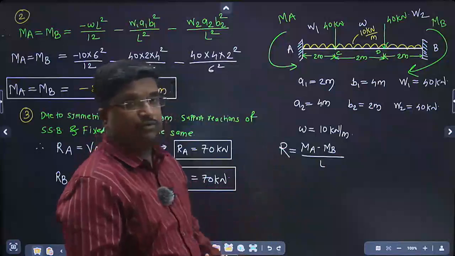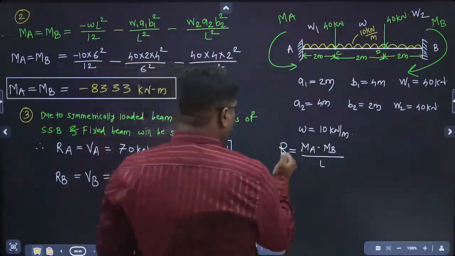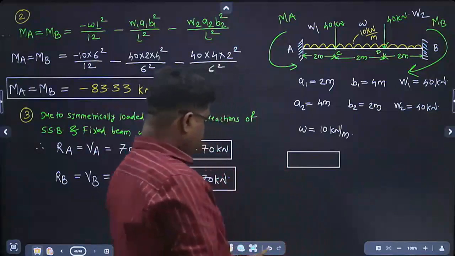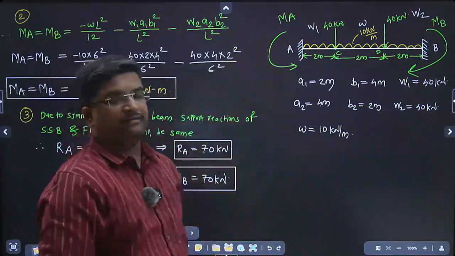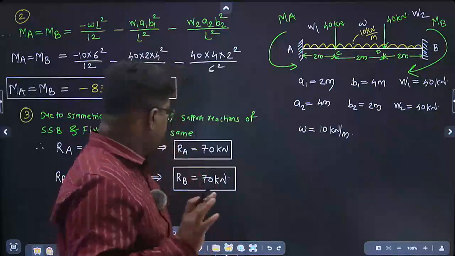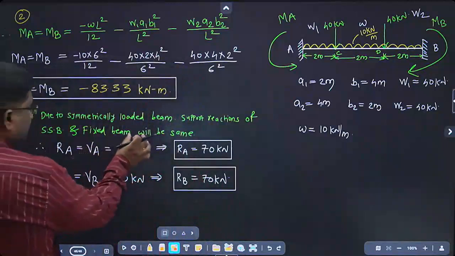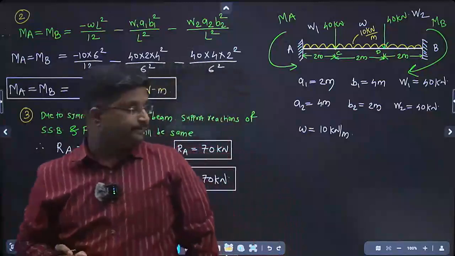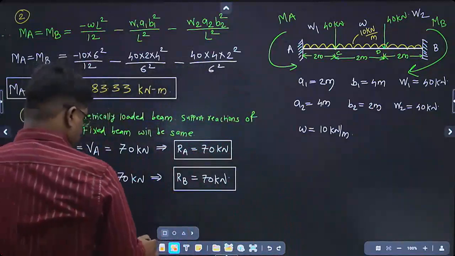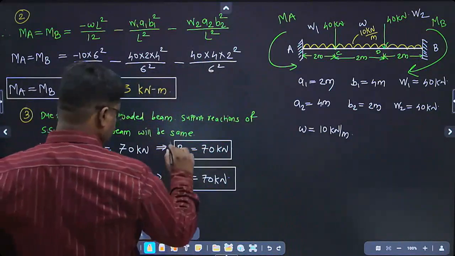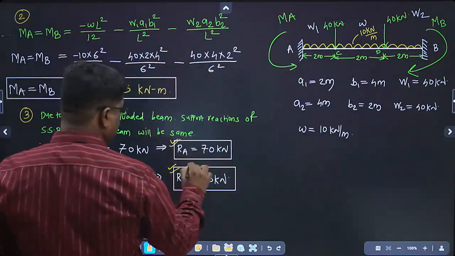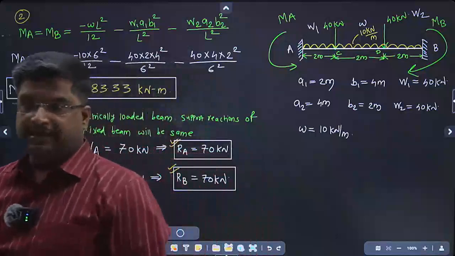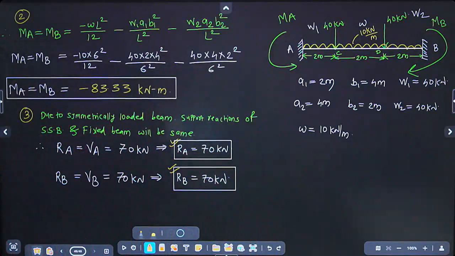So there is no effect of moments when fixed end moments are same on support reactions. That's why RA and VA both will be same, RB and VB both will have the same values. Clear? So we have got the values of RA and RB, the support reactions of the fixed beam.